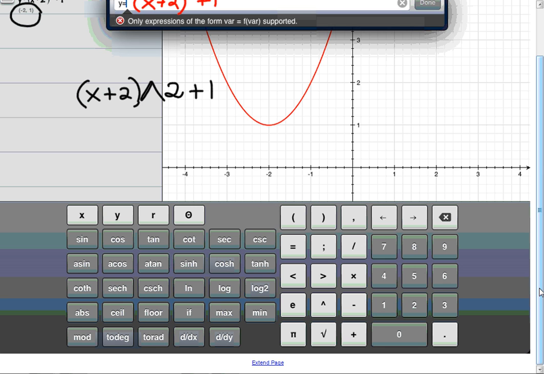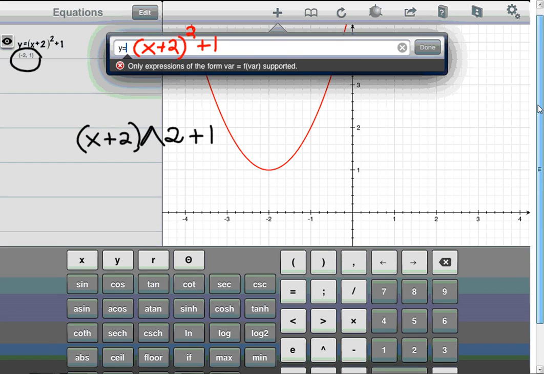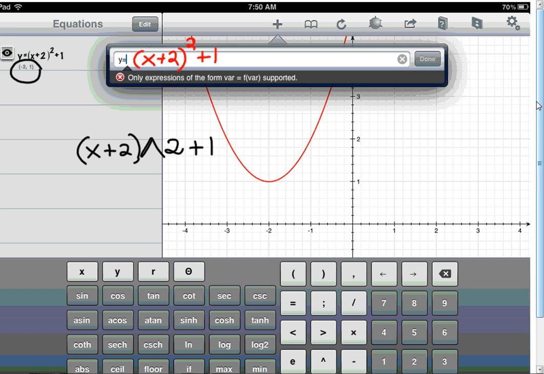Okay, so there must be something here that we can do. Let's go investigate. That's what we got before. Well, that's what we found, yeah. There's a relationship between this vertex and that equation. You guys, the vertex is at negative 2, 1. Here I have y equals (x plus 2) squared.